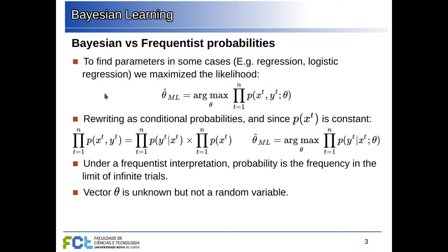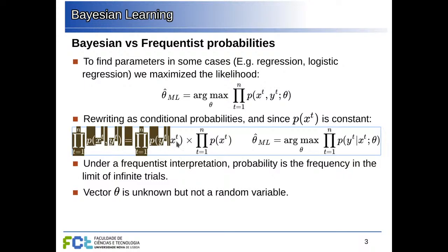So what we did basically is we rewrite these joint probability distributions as conditional probabilities, and we have the conditional probability of being in some class if it has some features, multiplied by the marginal probability of the features.